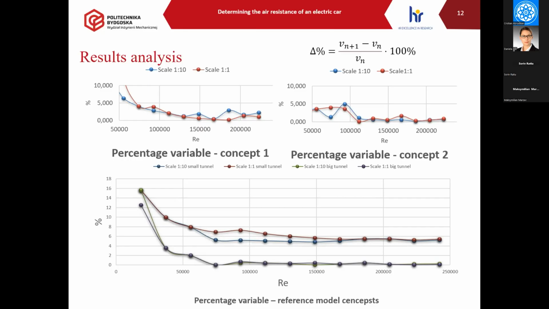Running the analysis for the cylinder model in an enlarged computer wind tunnel produced results consistent with the literature, which is 0.82. The percent variables were calculated from the above equation.